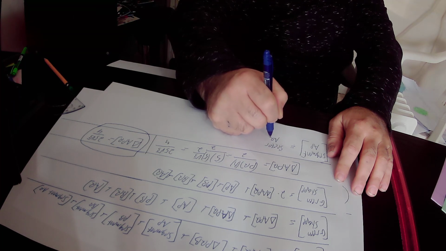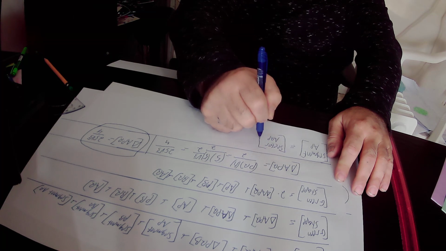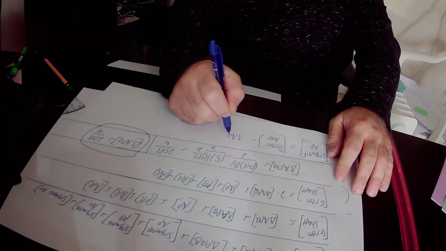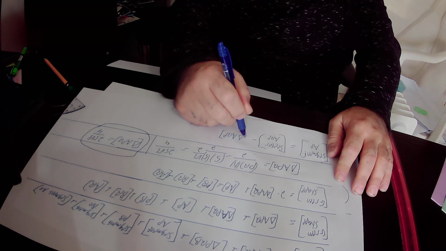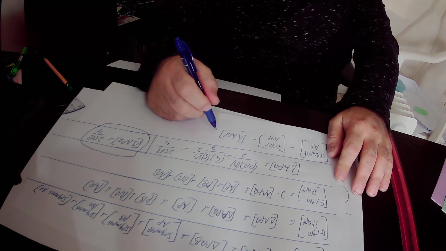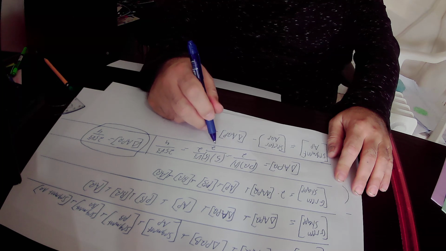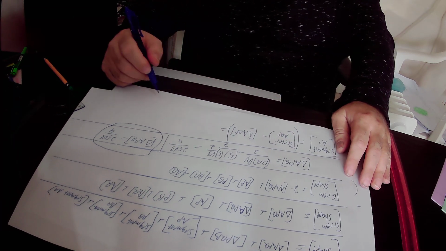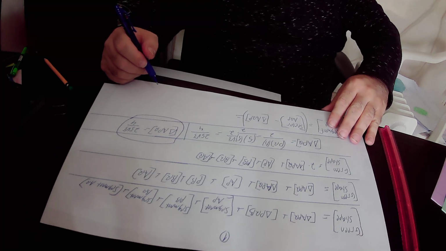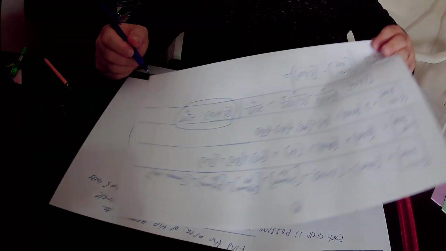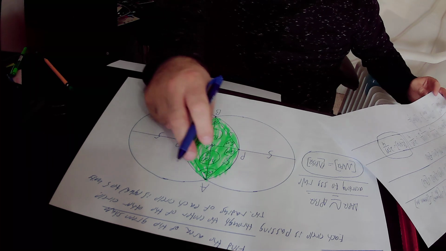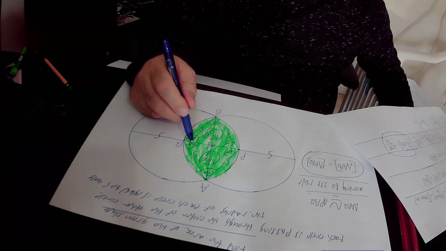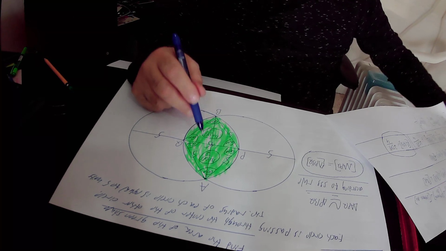Okay? So here the area of sector AQP equals pi r squared times 60 degrees over 360 degrees.